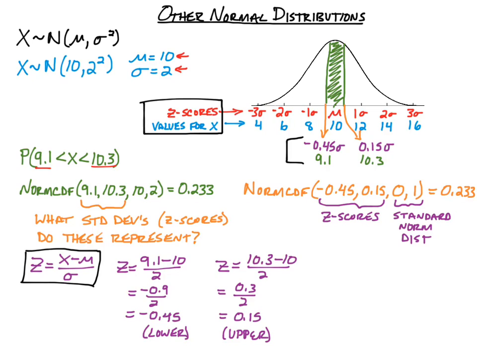Sometimes we know only the z-scores, like in the first part of this video. Sometimes we know the x values, and we don't need to know the z-scores, but we can still find them using z equals x minus mu divided by standard deviation. So we can bounce back and forth. We've got two different methods to use our normal CDF, either using the given mean and standard deviation or using an assumed mean and standard deviation of 0 and 1.